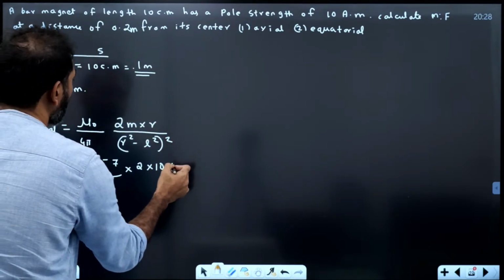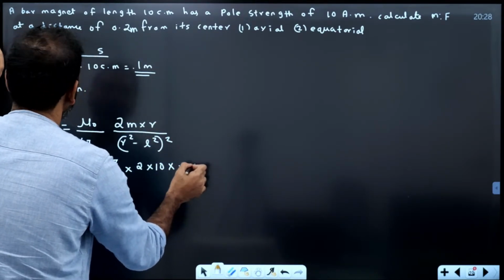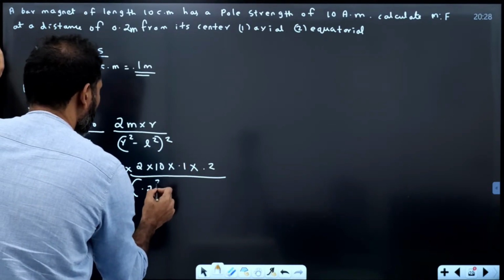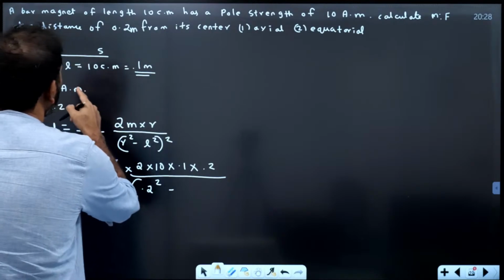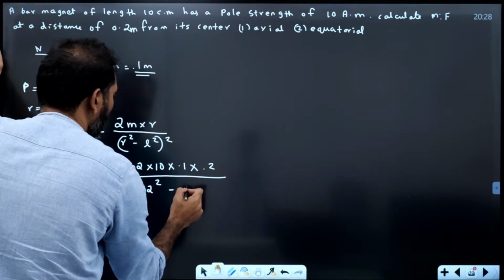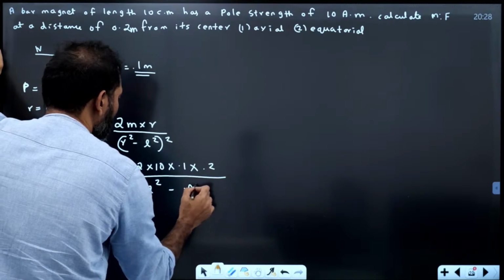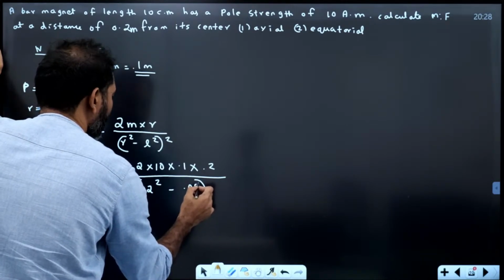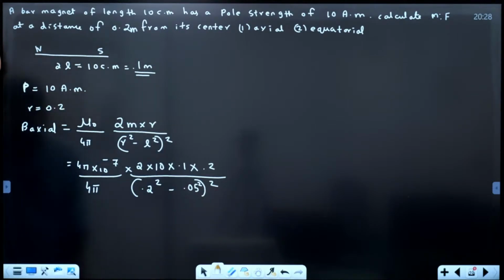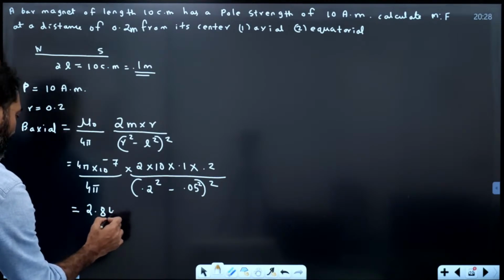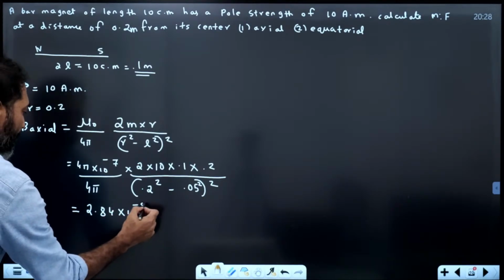So 10 into 0.1, into distance R is 0.2, divided by 0.2 the square minus L. 2L is 0.1, so L is 0.1 by 2, 0.05, the square, the whole square. If you solve that, I am directly writing the answer: 2.84 into 10 raised to minus 5 Tesla.